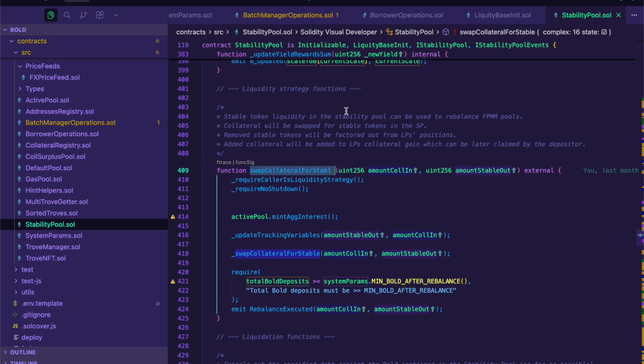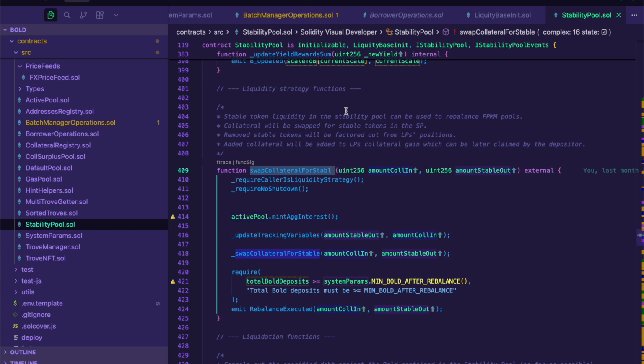When there is a need for liquidity to execute a liquidation, Liquity v2 uses the funds inside this pool: it uses the stable tokens here to pay the debt, and takes the collateral from the liquidated position and puts it inside this pool. We do a very similar thing with rebalances.